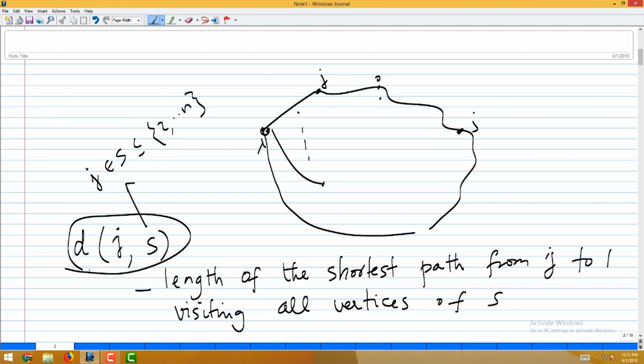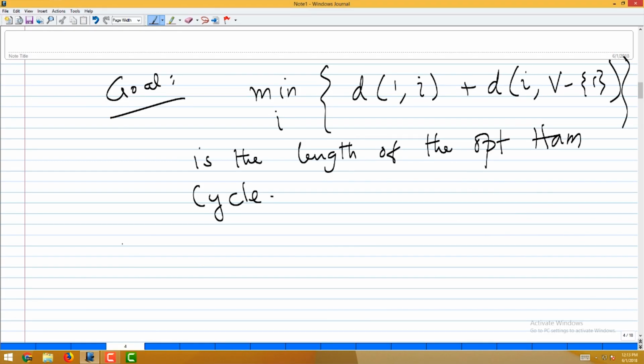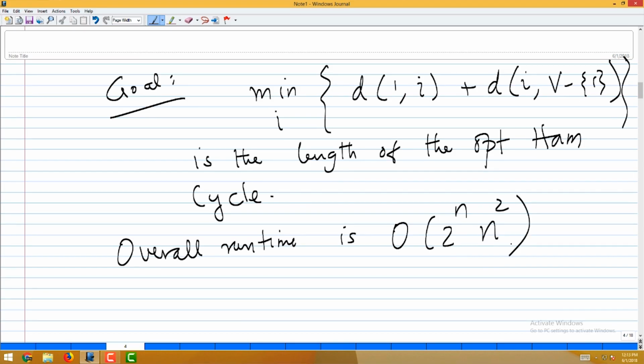To compute each entry, D(j, S) is a minimum of some entries, and these are all sitting in your table. You just have to add n different numbers and pick the minimum, so that is another n time. So, overall run time will be roughly 2 power n times n squared. This is an old 70s algorithm due to Held and Karp.